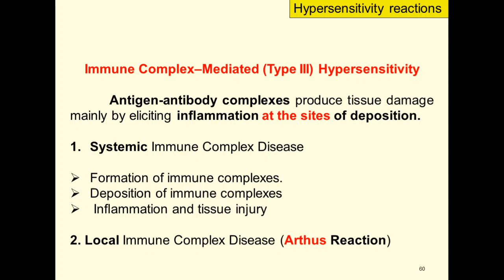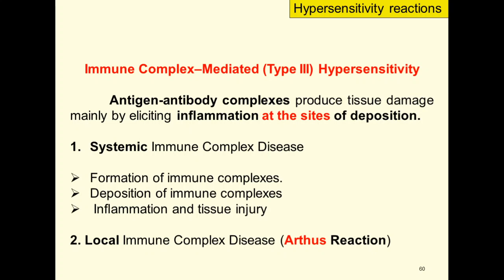In the second type of hypersensitivity reaction, antibodies flow in the blood, and antigens are considered actually as normal cells, or oppositely, some normal cells are considered as antigens.